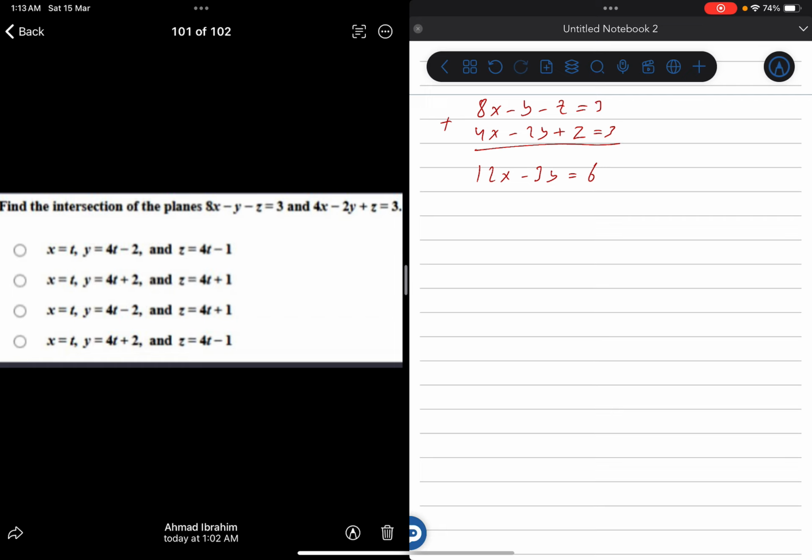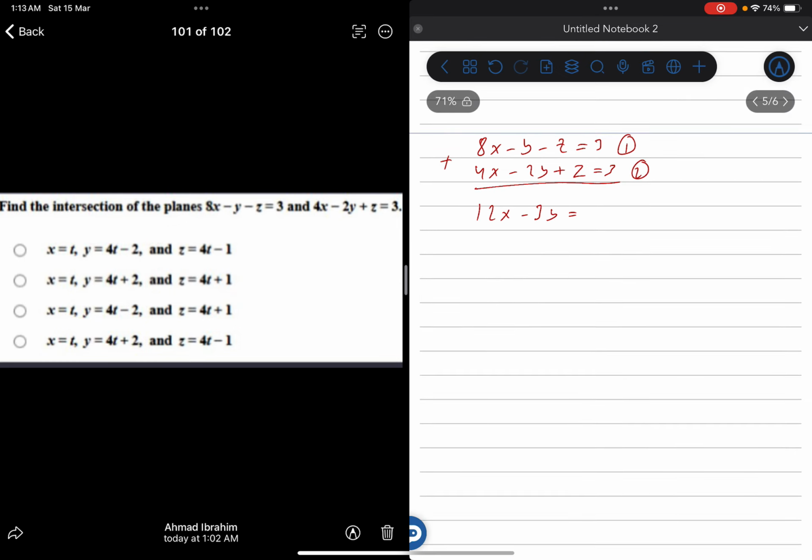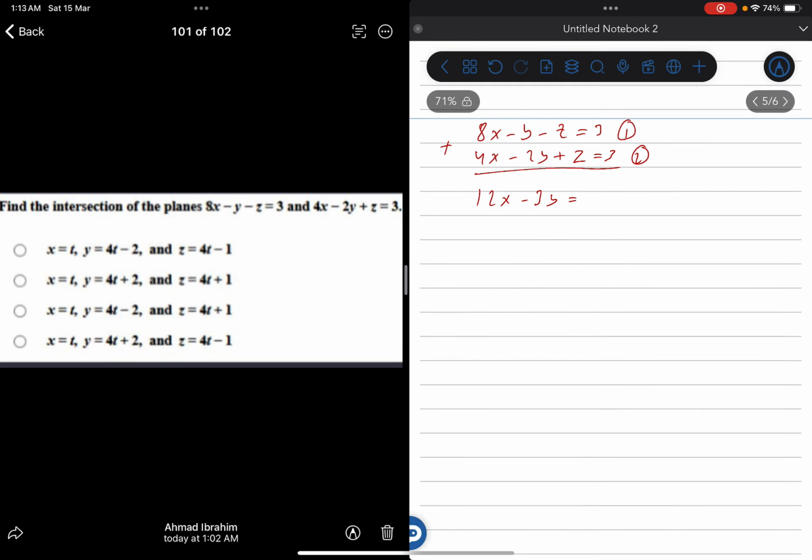After that, we can express y in terms of x from equation 1. So as I said, express y in terms of x.